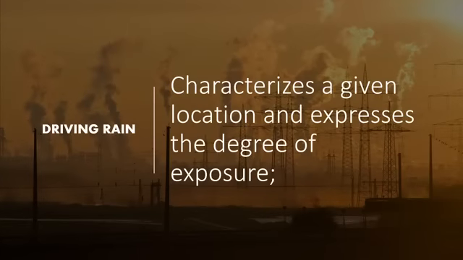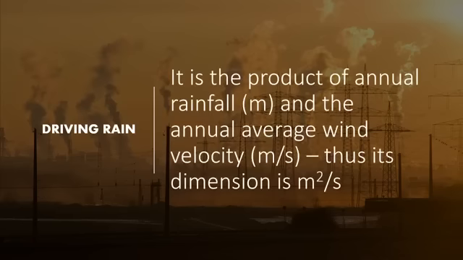Okay? So precipitation is the amount of moisture. Driving rain is what you see when you drive your car. It's the actual rain that hits you. You also need to take note of this because in terms of architecture, it's used to express the amount of exposure that a building has to driving rain. So basically, if you multiply the annual rainfall by the average wind velocity, that's the driving rain.